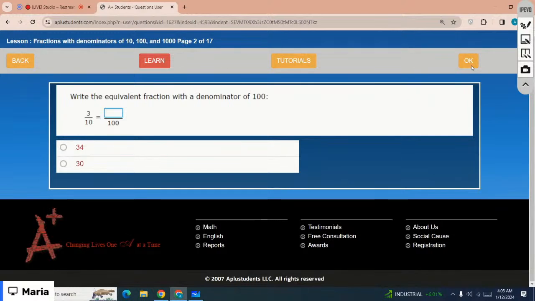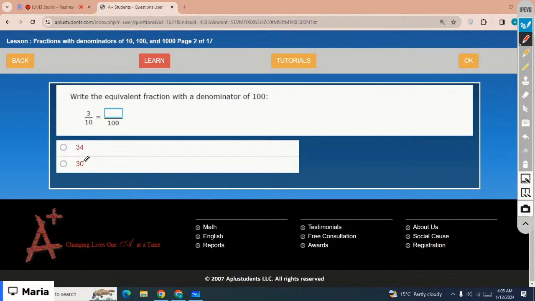So you need to multiply the fraction by 10. Just multiply 3 times 10 over 10 times 10. So 3 times 10 is 30 and 10 times 10 is 100. That means the missing value is 30. Got it?